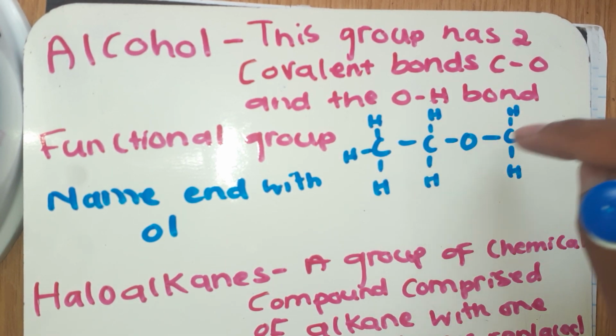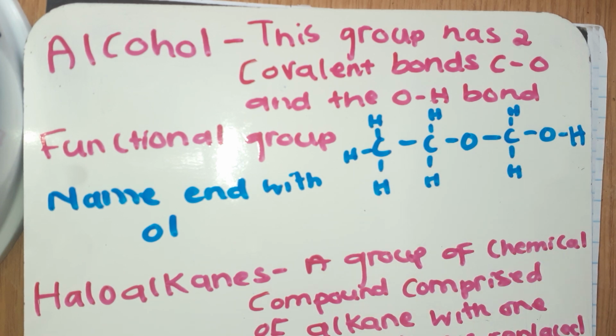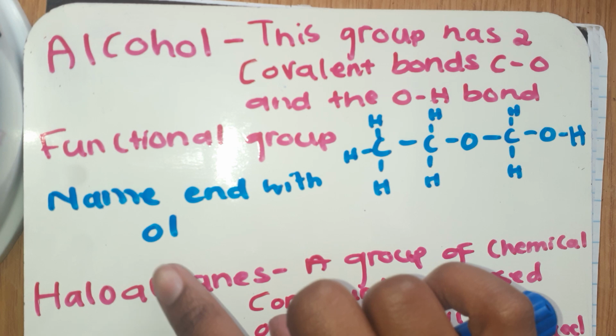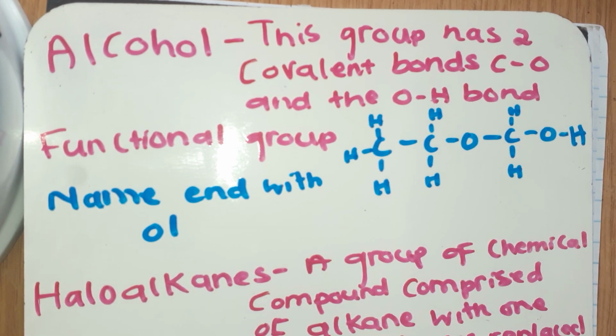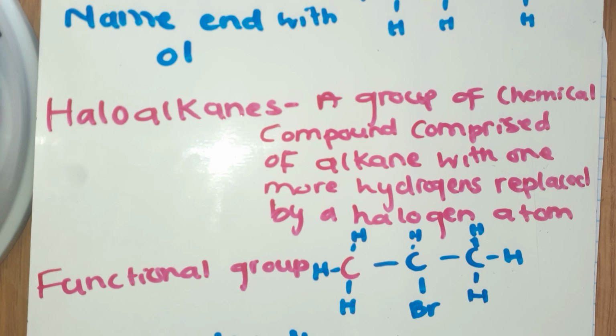So when you see OC and OH, you know this is the functional group, and this structure definitely belongs to alcohol. And the name ends with OL. Keep that in mind when we are naming them.